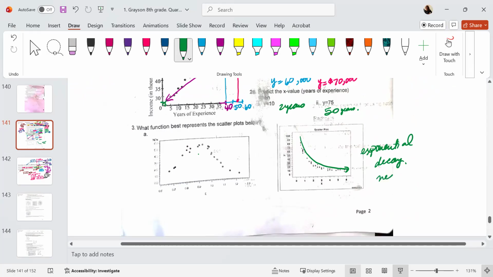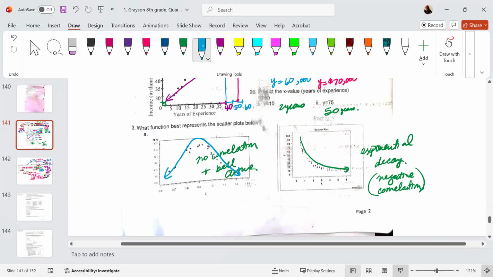Or you could say this is a negative correlation. Okay, I think he probably wants negative correlation. This is no correlation. You could say this is also a positive bell curve. And a bell curve just looks like this. It goes up and it goes down like that. Does that make sense?